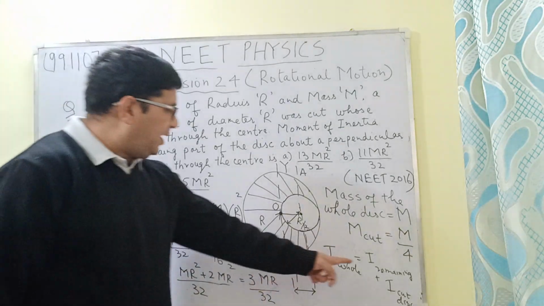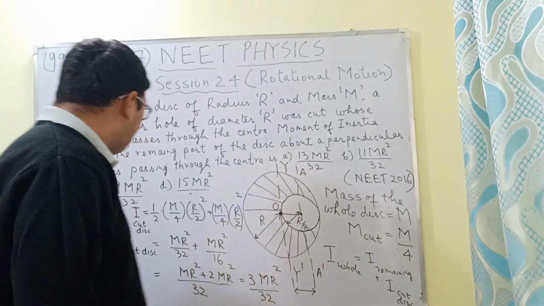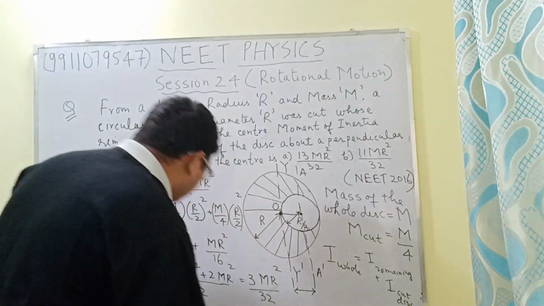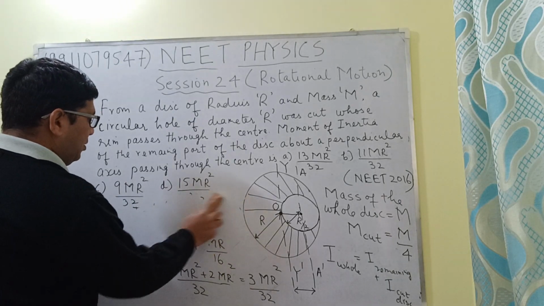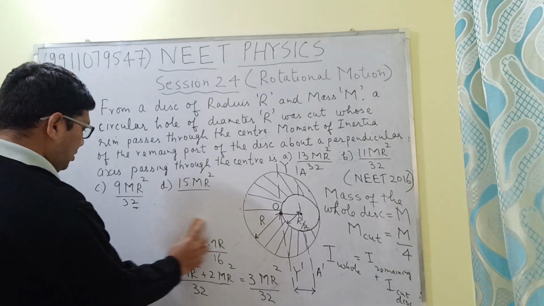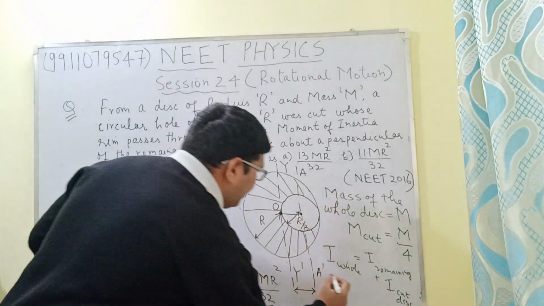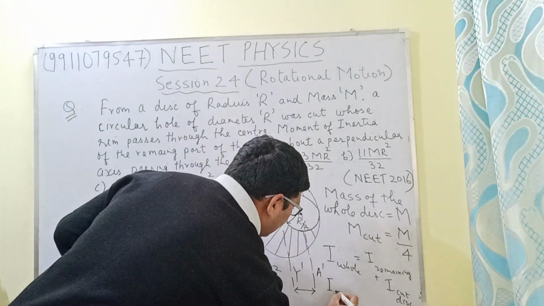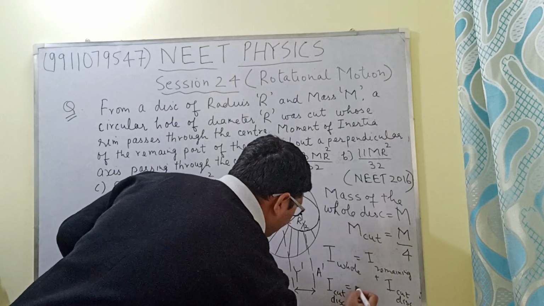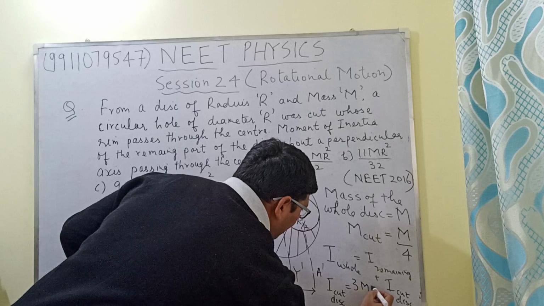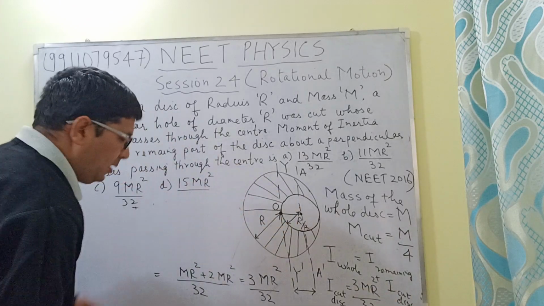Now we have to find the value for the remaining part of the disc. The moment of inertia of the cut disc was equal to 3 mr square divided by 32.